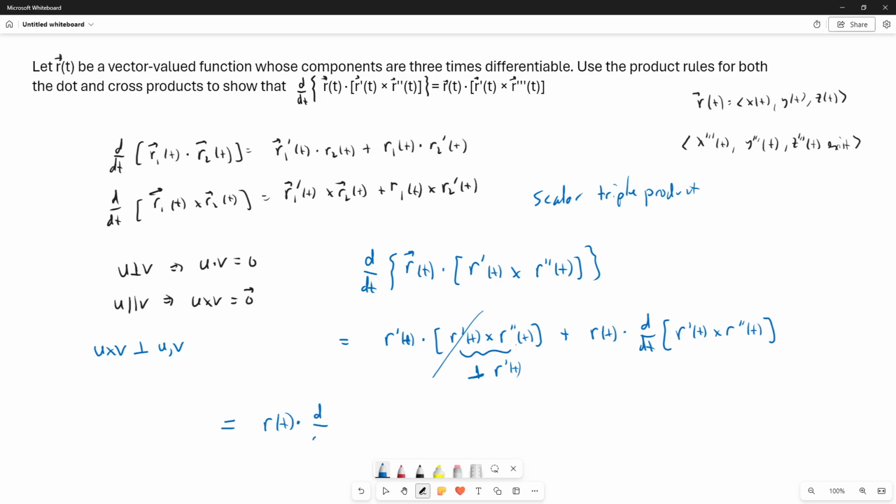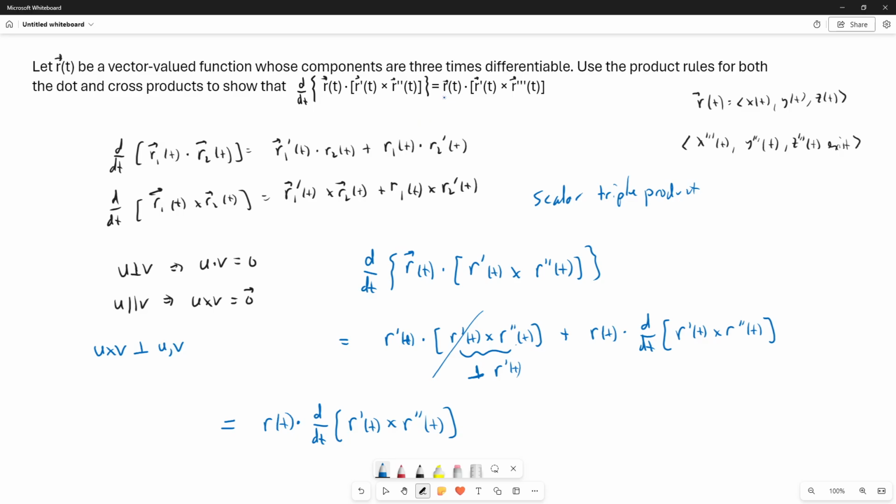So the derivative of R prime cross R double prime. Now there is a formula for the derivative of a vector crossed with its derivative, and that formula is the first vector crossed with the derivative of the second vector. And the derivative of R double prime is R triple prime.